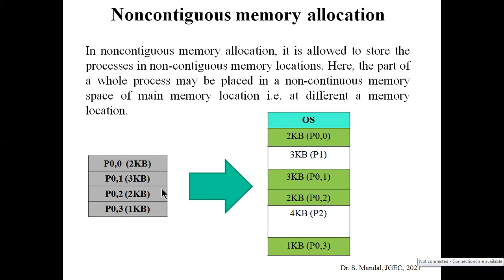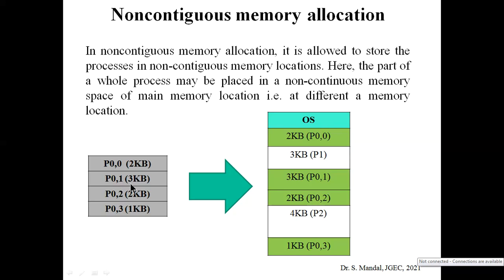But in non-contiguous memory allocation, the nature is non-continuous, that means we can divide the process into parts. Suppose initially 2 kilobytes of memory is available, so we can place a 2 kilobyte part of the process into that partition. Consider the second part of the process, which has a size of 3 kilobytes; that can be placed into another partition. The third part is placed into this partition, and the fourth one is placed into the last partition.